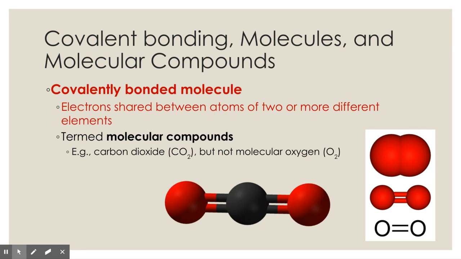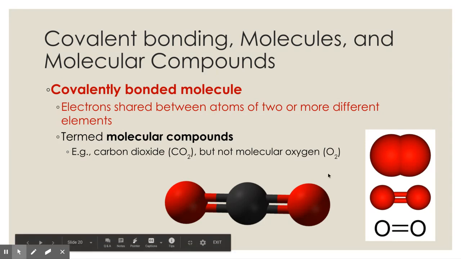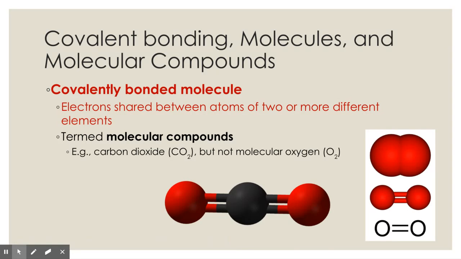If it's the same element, like 2 atoms of the same element, then we call it molecular whatever the thing is. So molecular oxygen, for example, is 2 oxygens bonded together, where a molecular compound is 2 different types of atoms.